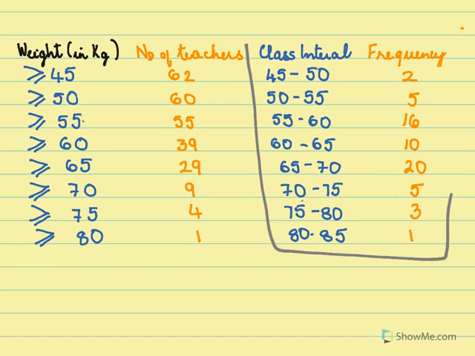So here we have our normal table. Then we can go ahead and find out mode, median, or mean. So basically here you get two kinds of table. One is more than, one is less than. You need to find the class intervals first and then the frequencies by subtracting.